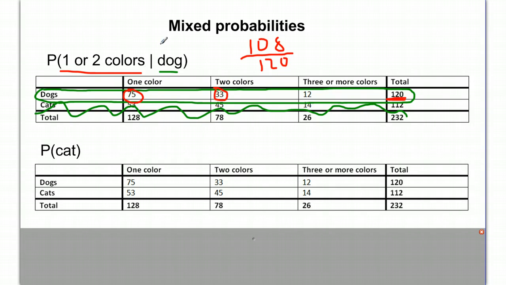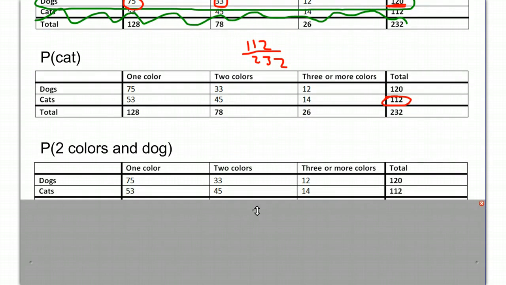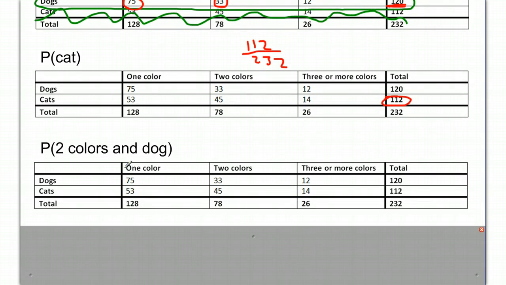Something a little simpler here, probability of cat. Well, 112 cats, 232 total, 112 out of 232. Two colors and dog. Well, and means it has to be both. So we have two colors, we have dogs, so our two color dogs are 33 out of our big total, no conditions, so 232.